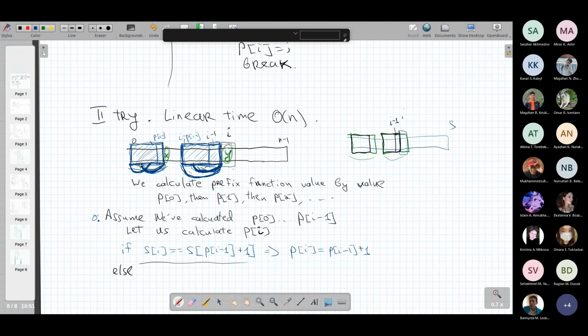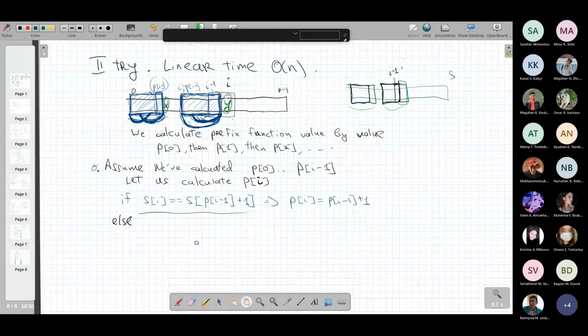And this copy would be found if you take the value of the prefix function at position p of I minus 1, we'll find the copy of that in the prefix. So that is going to be our next candidate.